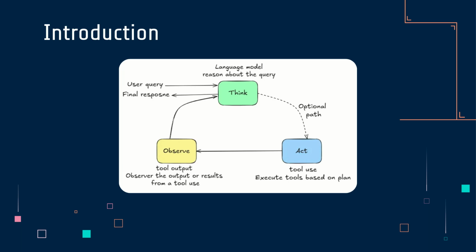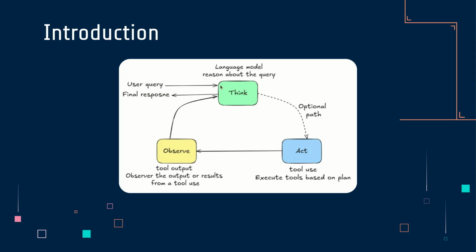I have a bunch of tools, and one of these tools is the calculator tool. I think I can use the calculator to answer this question. So it goes ahead and calls the calculator tool, and the calculator tool gets executed. Other people call it reasoning, other people call it planning, other people call it thought process. So it does the whole thought process on how to answer the user question.